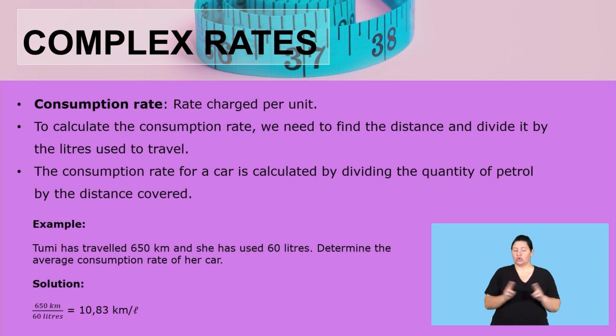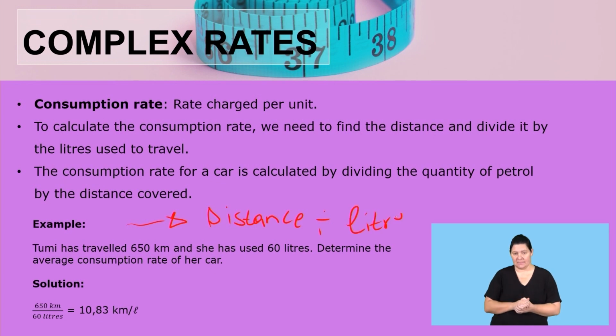So in a nutshell, we say for you to calculate the consumption rates, we will just say the distance and we divide it by the liters. So the distance covered is 650 kilometers and then the liters is 60 liters. And when we divide this, we can divide it together. 650 divided by 60. We get 10,83 kilometers per liter. So that is the consumption.